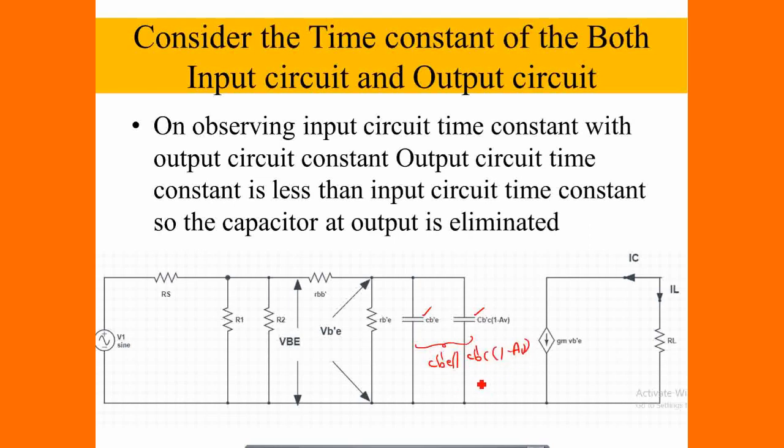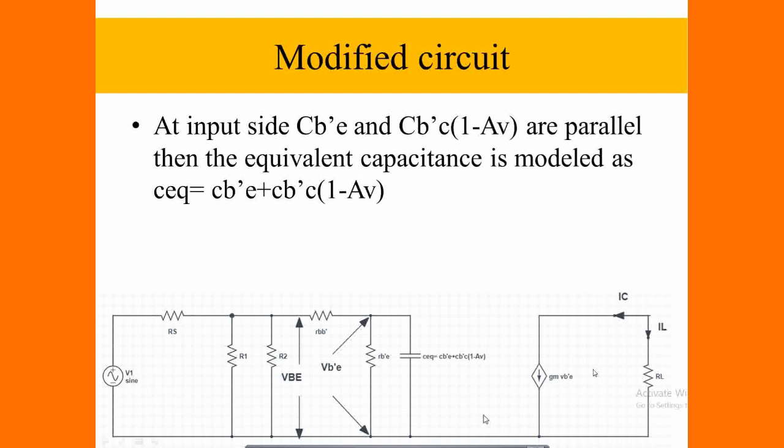Then we write this as a C equivalent: CB-E plus CB-C into (1 minus AV), and the circuit is modified like this. Now, over here, we are taking the C equivalent as the corresponding component. The C equivalent is CB-E plus CB-C into (1 minus AV).